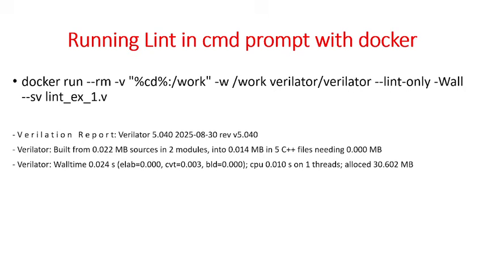Now in Docker, go to the directory and run docker run --rm -v, double quote, inside double quote %cd%:/work. That means it is going to prepare your files in the /work directory, and then locally it will be taken to the work directory and the execution will happen.